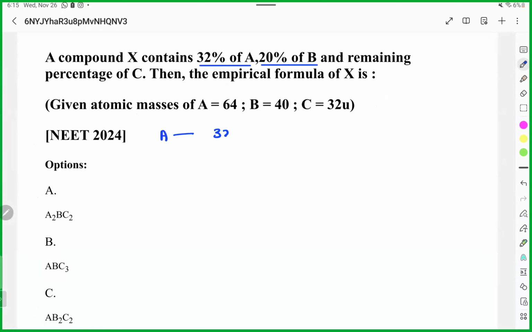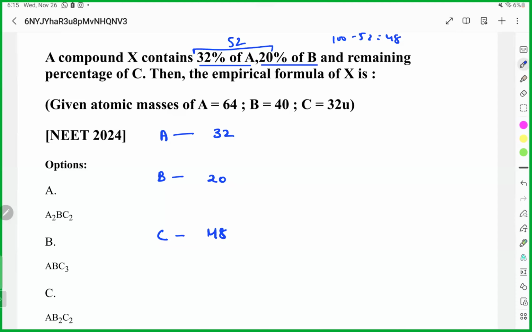A is 32, B is 20. This total is 52. Maximum is 100. So 100 minus 52, what is the third amount? 48, guys, right? Yes or no?